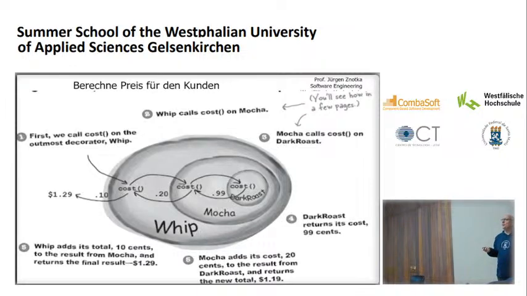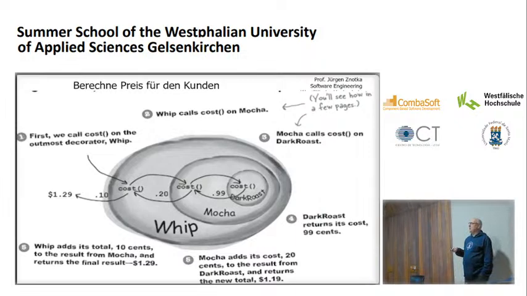First, we call cost on the outmost decorator, which is whip. We ask, what do you cost? And he knows I'm a decorator, so he asks the next one, what do you cost? This one is also a decorator, so he's asking even the next one. But this is not a decorator anymore. This is the original coffee.